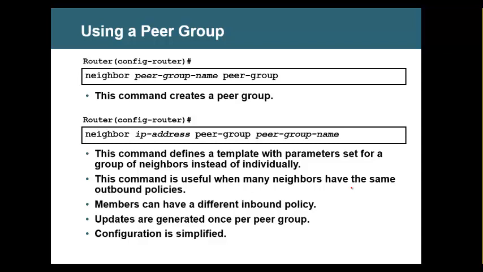Not only that, see, not only is the configuration simplified as the last point says, the previous point is more important for me. Updates are generated once per peer group. So if I want to say 10 different things to 10 members of our CCIE batch, when I say the first point, the 10 students will process that first point.